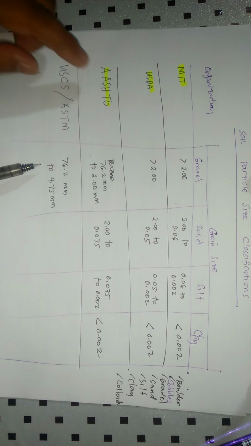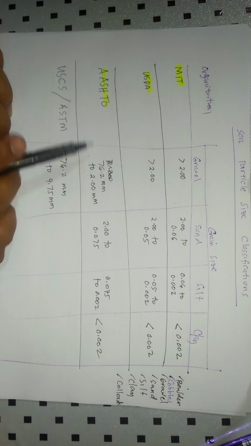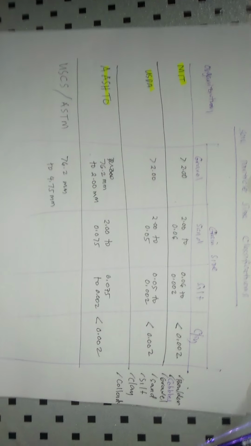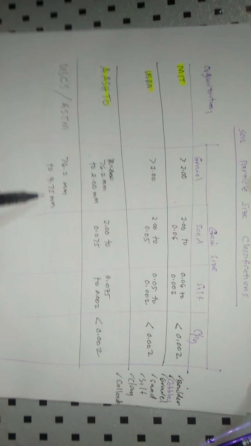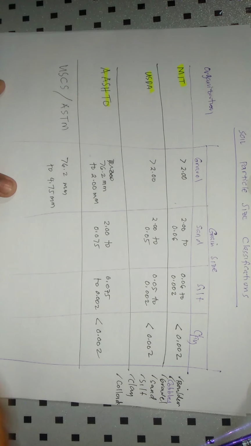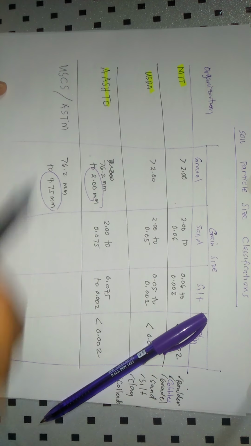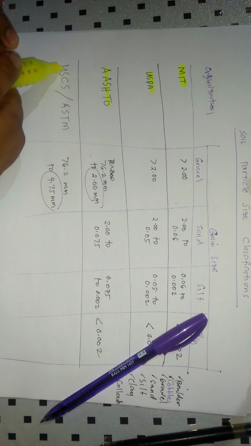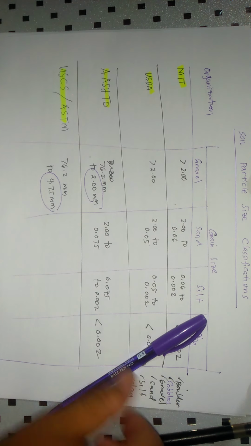So look at the difference between AASHTO and USCS. Our AASHTO is from 2.0 to 76.2. Here it is 76.2 to 4.75. So it is different here. Okay? So take note for your exams, especially in the board exam, be aware of the particle size classifications and the grain sizes.